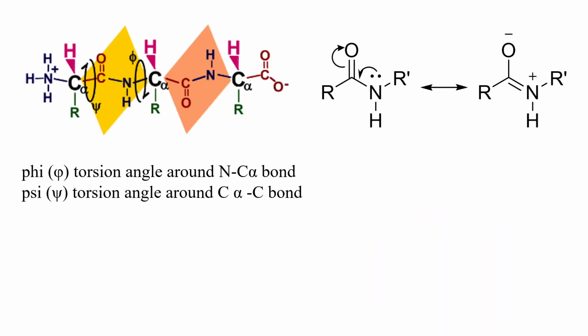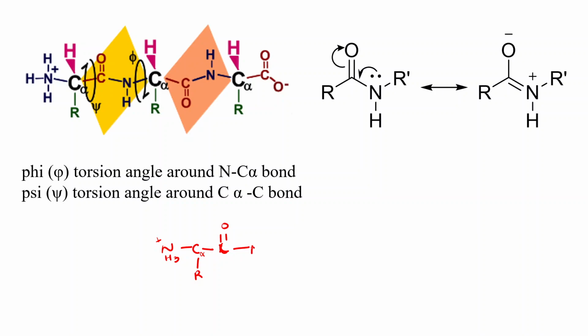If you see a peptide backbone, it basically comprises different amino acids. An amino acid will have an alpha carbon, C alpha, which will have the carboxylic group and the amino group. We always start writing the peptide from the N terminal. So this will be the first amino acid, and there will be an R group.